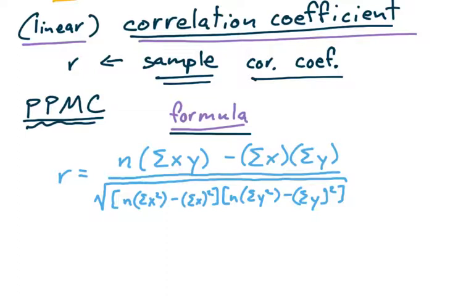And then that is all divided by the square root of, here we have a product again, n times the sum of x squared minus the sum of x, that whole thing squared, and then we do the similar sort of thing: n times the sum of y squared minus the sum of all of the y's, and that whole thing squared.